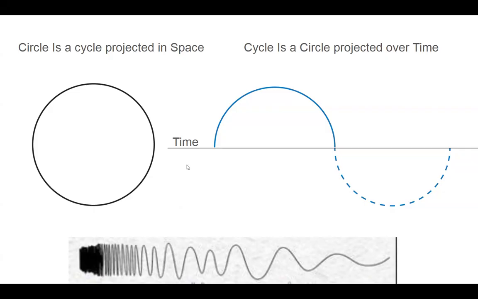This is moving infinitely, but over space, right? I'm trying to make this as simple as possible so we can get this comprehension. So a circle and a cycle are the same thing. A circle is a cycle, and a cycle is a circle.